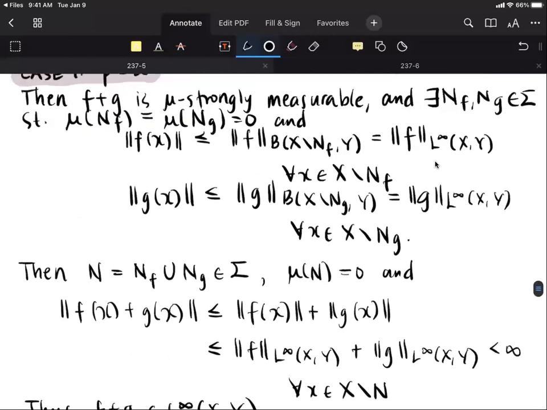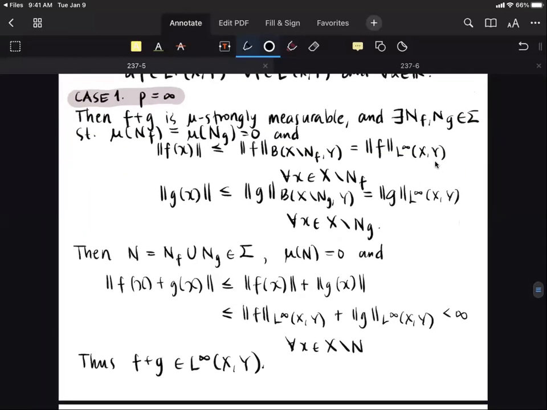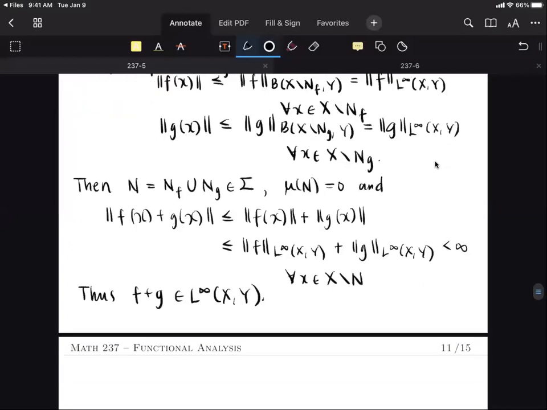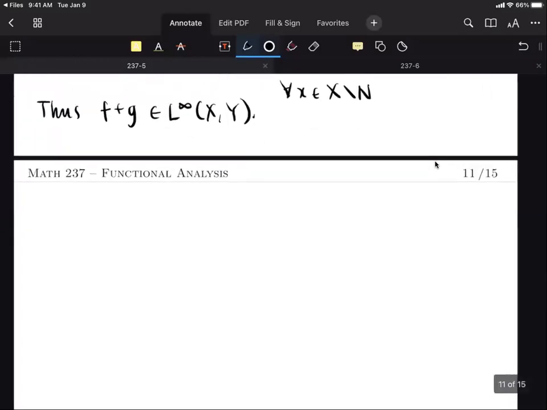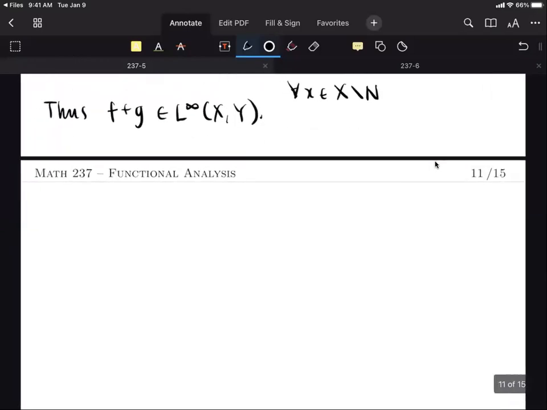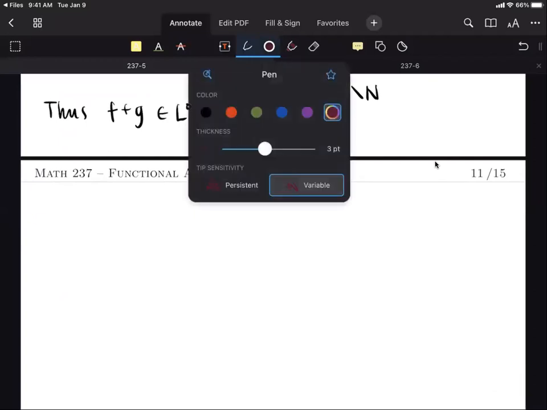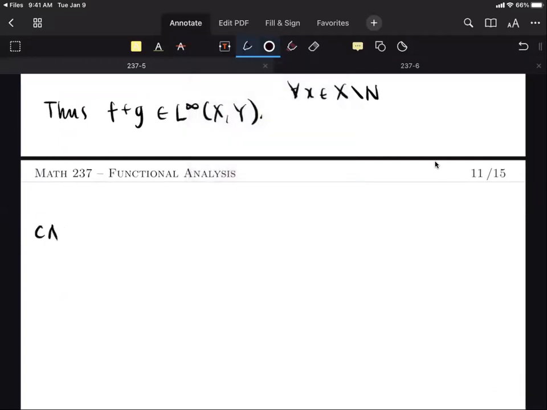So that's the easy case when p is equal to infinity. The second case: what if p is finite? Case 2, what if p is greater than or equal to 1 but less than infinity?